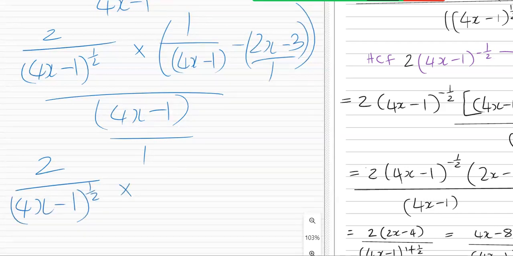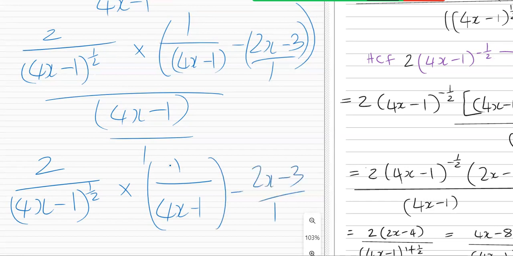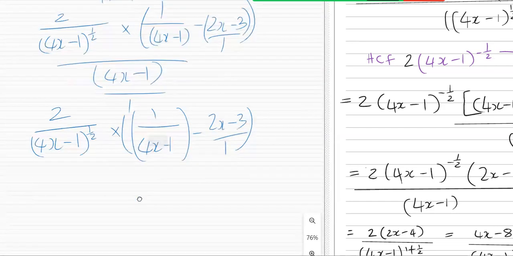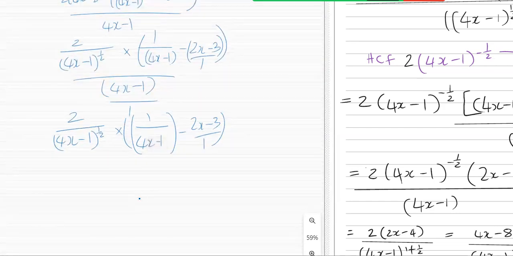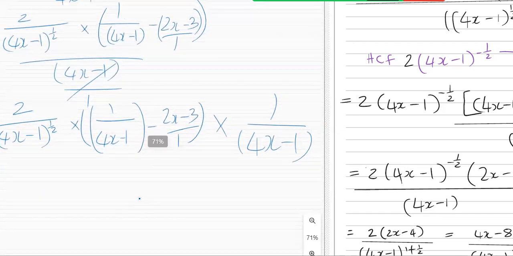Times by 1 over 4x minus 1 minus 2x minus 3. I'm keeping this like this so that I can see what I'm doing. 4x minus 1 over 1 in division becomes 1 over 4x minus 1. So that's that. Okay. Keeping track of it.